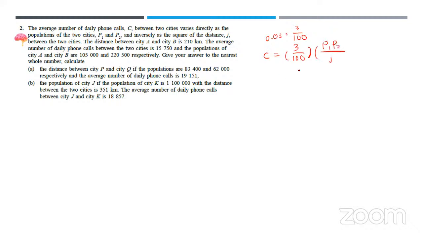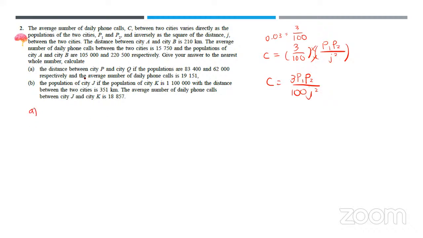And then multiply straight across: 3 P1 P2 over 100 J squared. I just like doing it in this form because it's a bit more neat instead of just putting 0.03 multiply, blah, blah, blah.